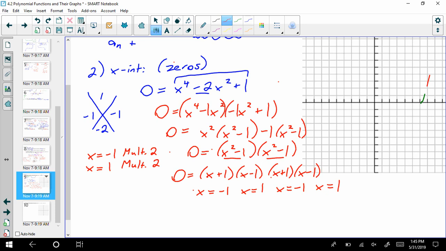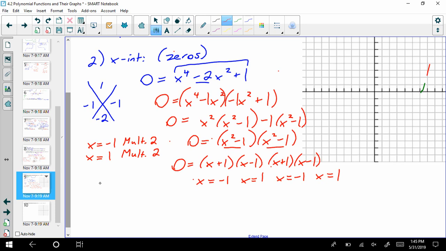So I do have 4 zeros. It's just that they were repeated. The next thing that would be helpful to find is the y-intercept. Remember, to find the y-intercept, we put 0 in for the x's. And if I do that simplifying, my y-intercept is 1.